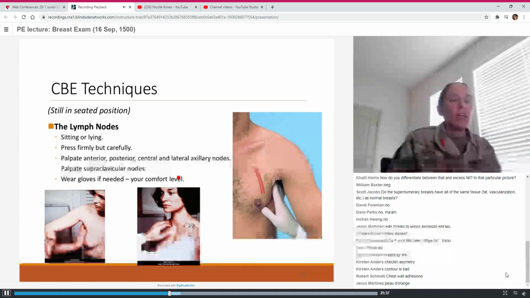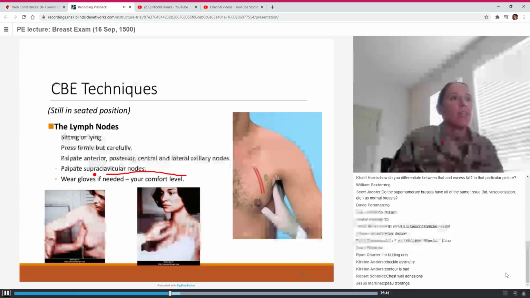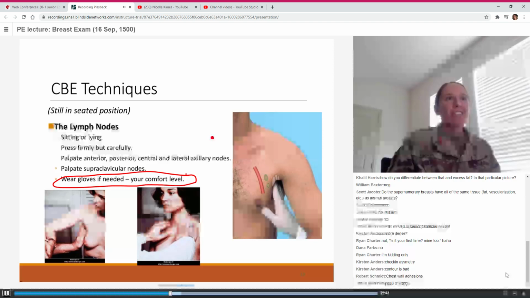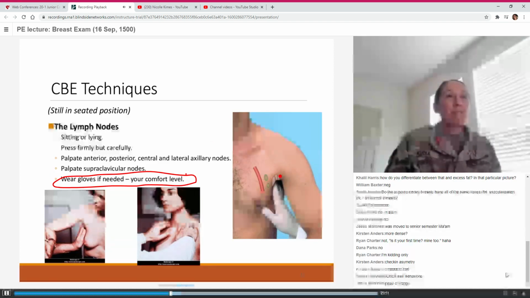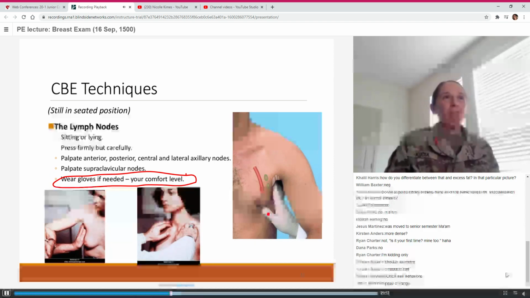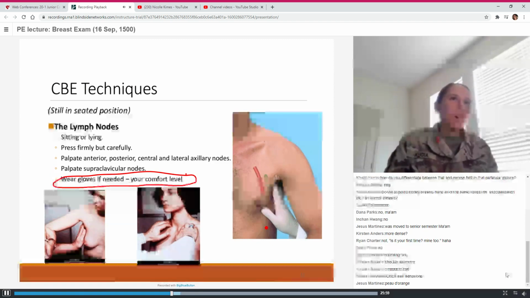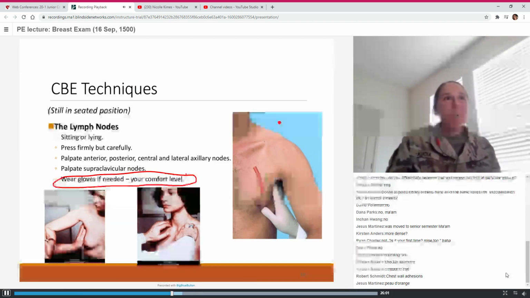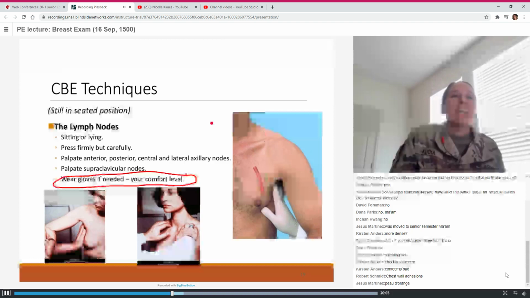Okay, the most shocking thing that Bates says to me is that you can wear gloves if needed. Wear gloves. I'm going to tell you to wear gloves. If you're assessing someone's lymph nodes and you're digging in their axilla, for their comfort and your comfort, please wear gloves. I don't think you're going to have any better chance of finding lymphadenopathy without gloves. Just wear the dang gloves, right?